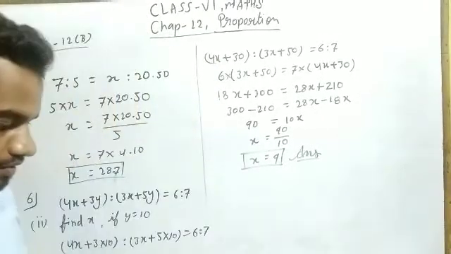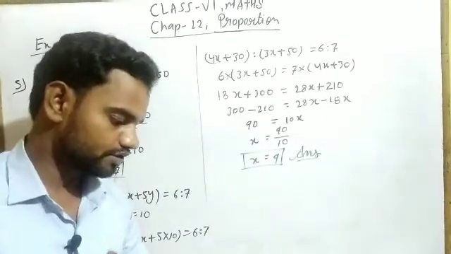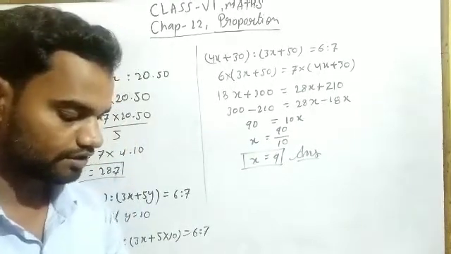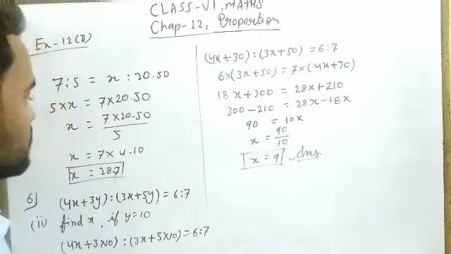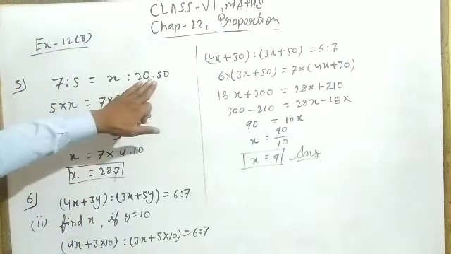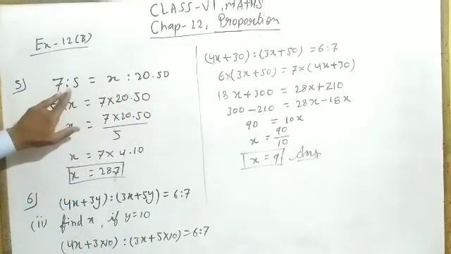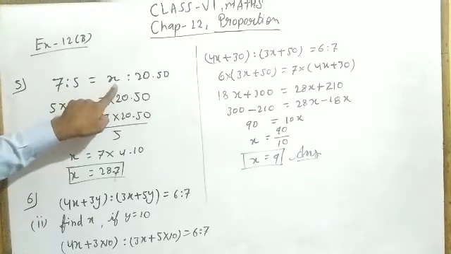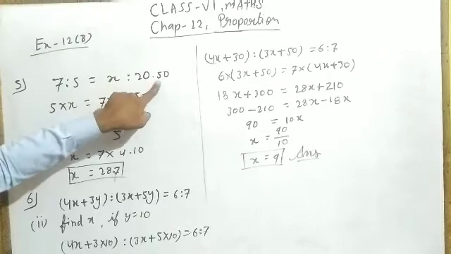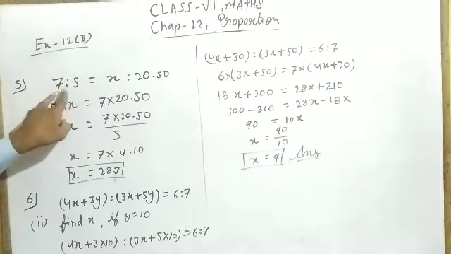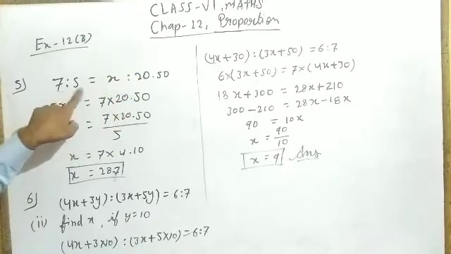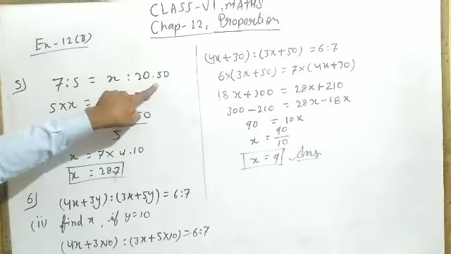Now question number 5. The ratio between 7 and 5 is the same as the ratio between x and 20.50. So 7 ratio 5 equals x ratio 20.50.